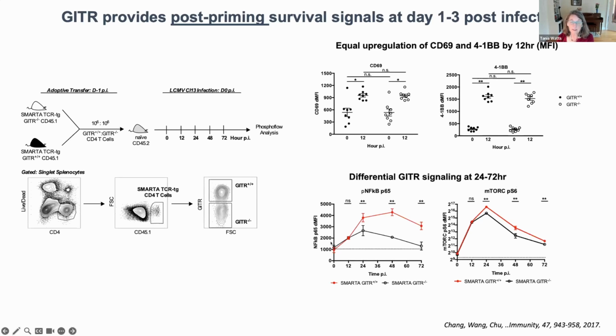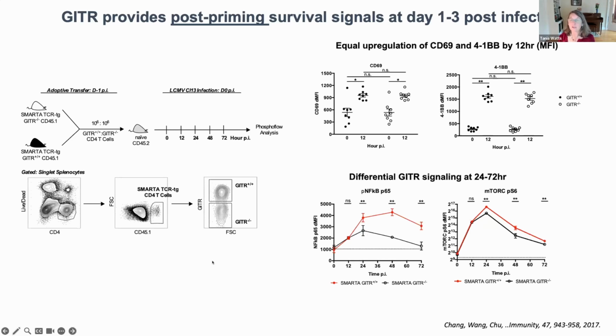What you can see here, if we track wild type in red and GITR knockout in black, is that after the first 12 hours, the T cells show signs of activation. They upregulate these markers, presumably downstream of T cell receptor and CD28, which can also regulate these pathways. But only after 24 hours, after GITR ligand first appears on the monocyte-derived cells, do we see that the wild-type cells have a higher signal than the knockout.